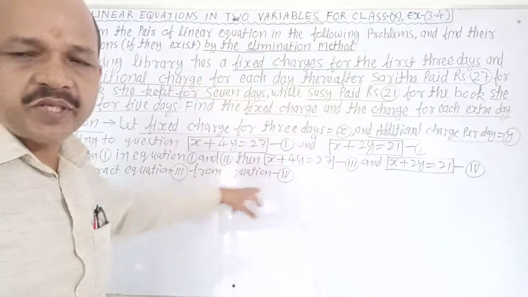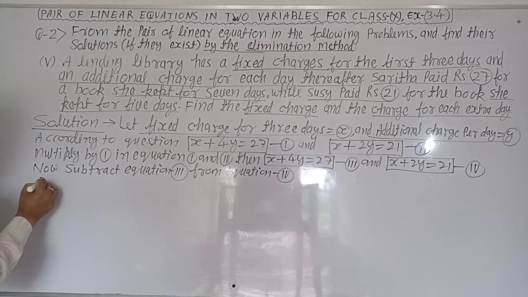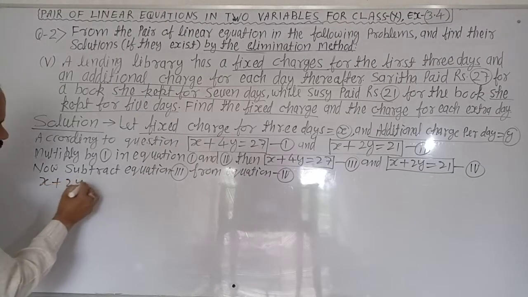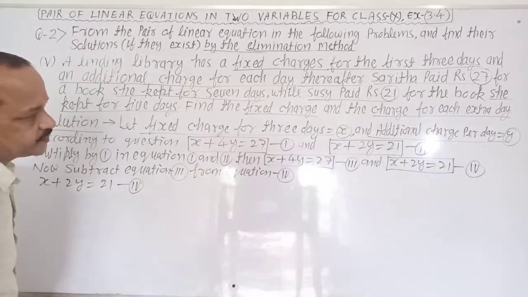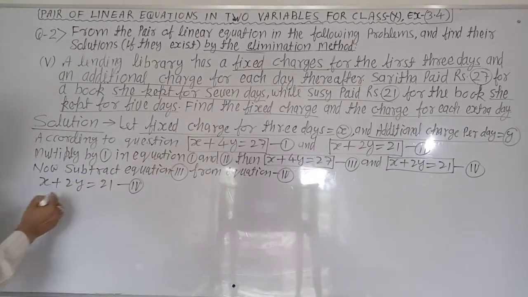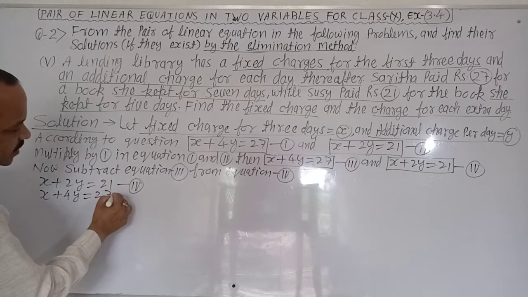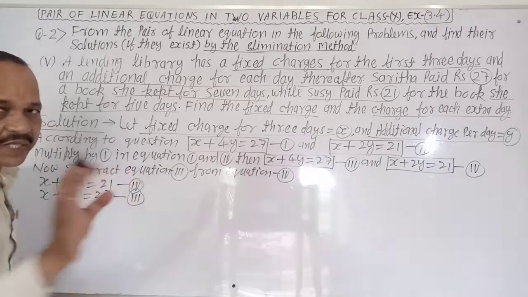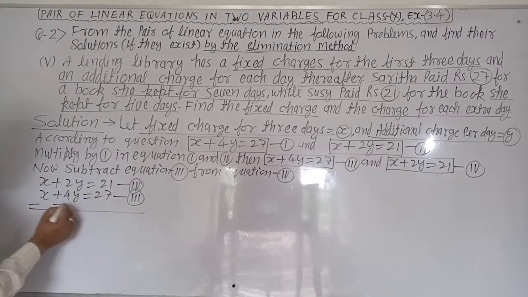Here equation 4 is x plus 2y equal to 21. Equation third is x plus 4y equal to 27. Now draw a line and change its sign.